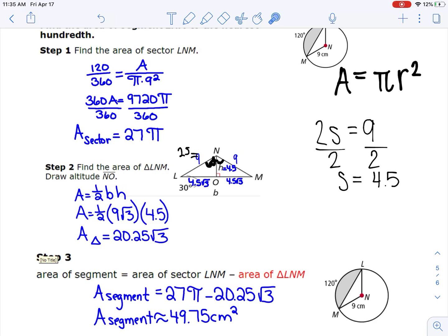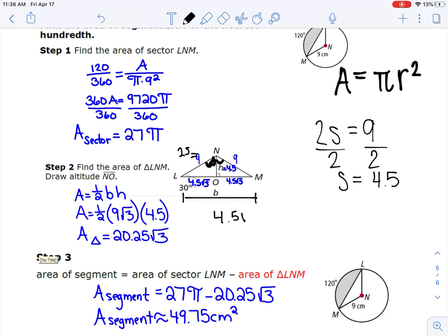Okay, so now that we know both our base and our height, we can plug these into the area of a triangle formula. So we have 1/2 base times height. Our base we can find because we know that each of these parts is 4.5 times the square root of 3.